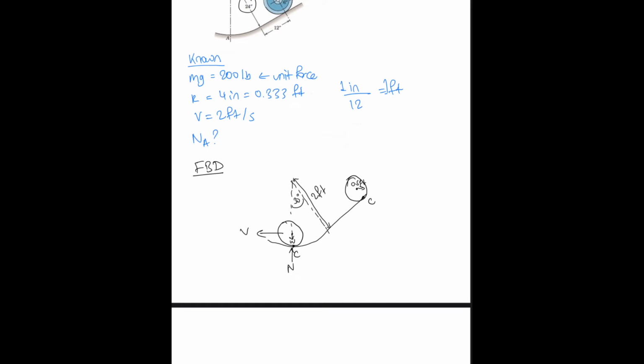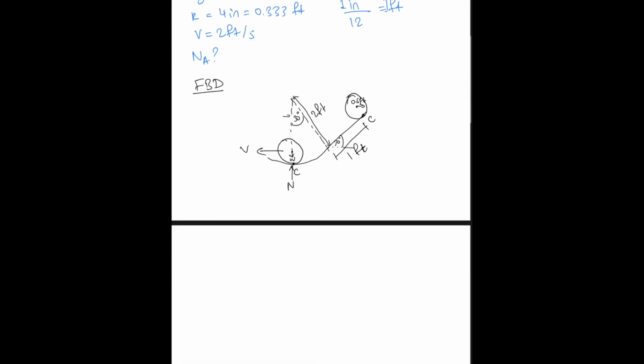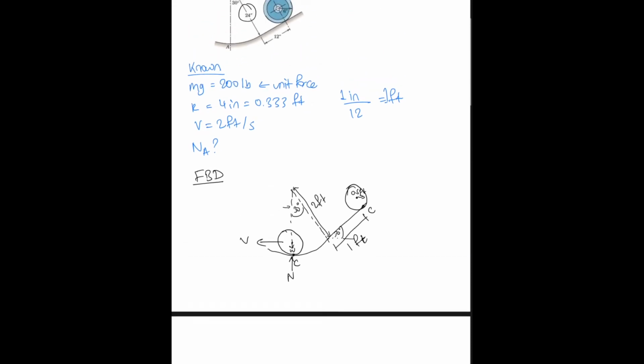And the distance from here to the center of the wheel is 1 foot. Okay. The angle of the incline, this angle over here, is going to be equal to this angle over here, which is 30 degrees. Now I think we're ready to start the problem.